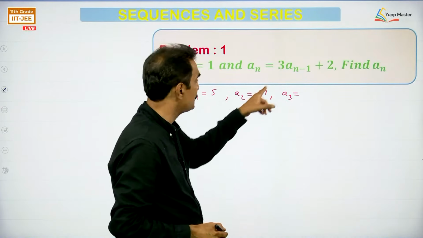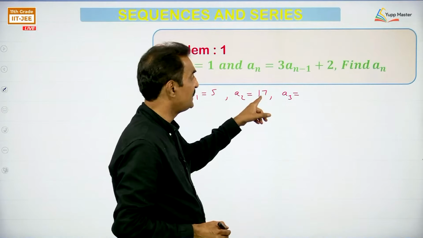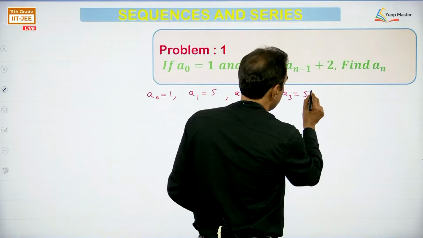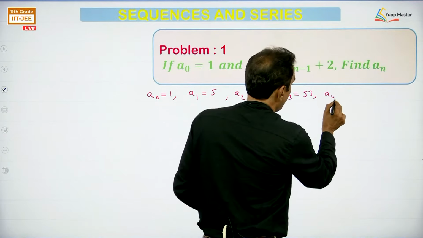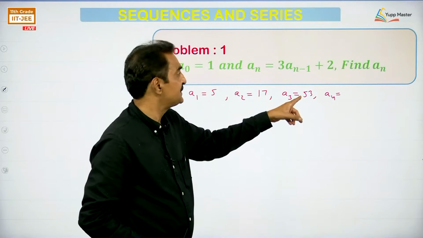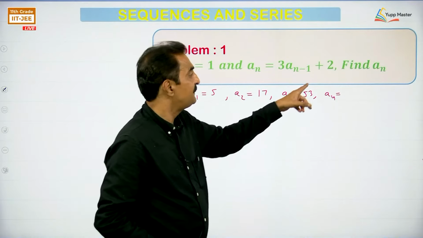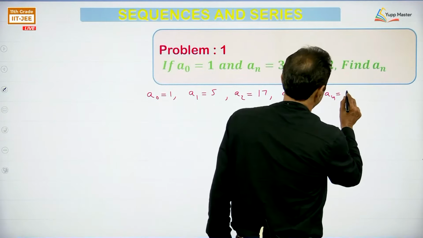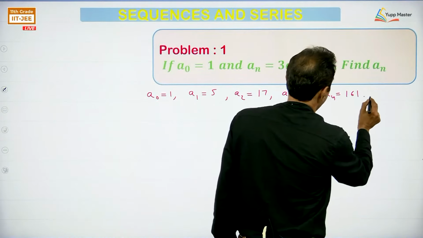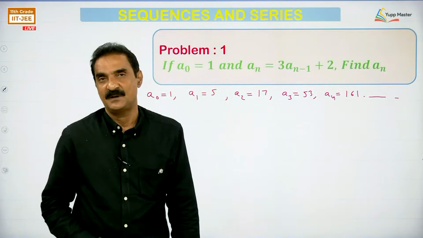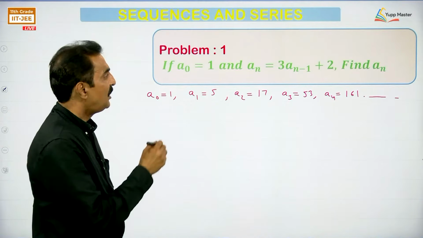So 3 into 17, 51, 51 plus 2, 53. A4 is 3 into 53, that is 159, 159 plus 2, 161, and so on. In this way we can find any number of terms. Now how to find An?